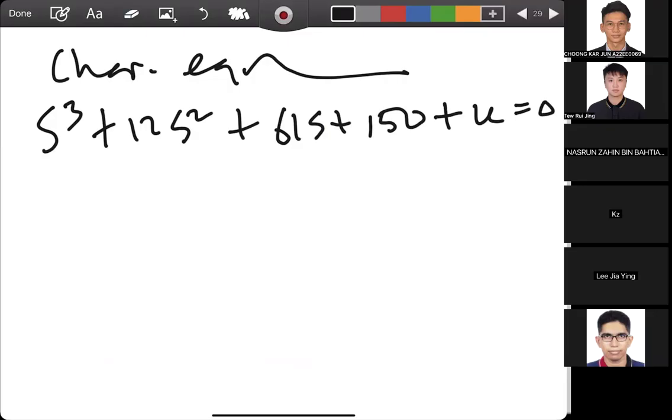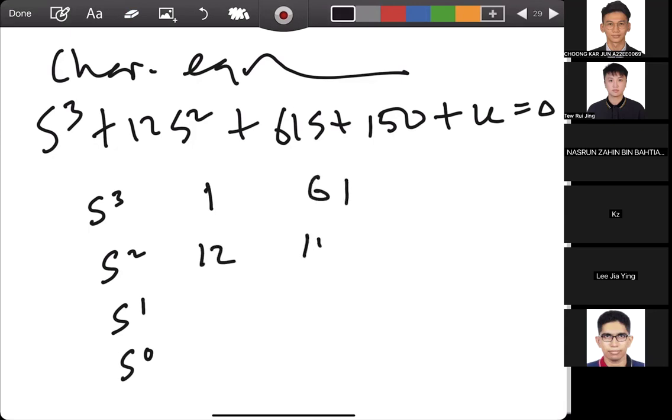Okay. And then you construct the truth table. 1, 12, 150 plus K. Okay. So you need to fill up this. Okay. Continue.